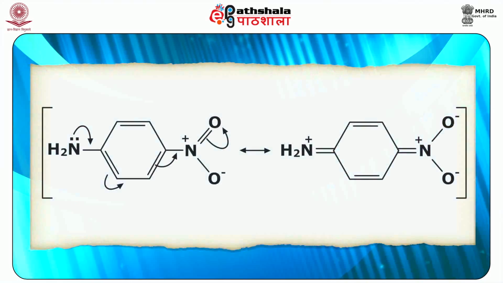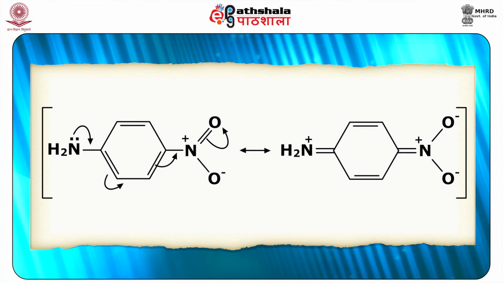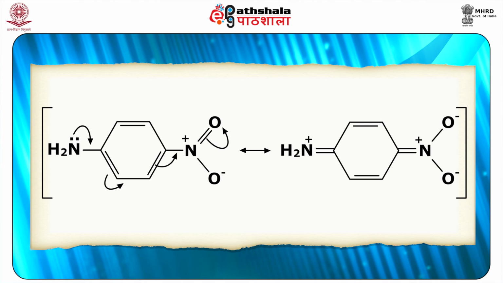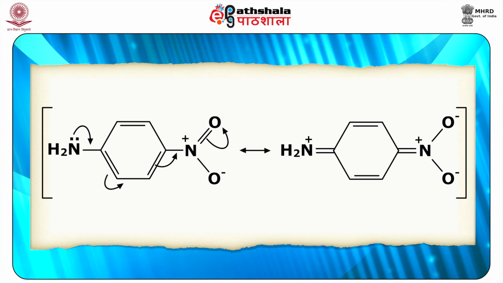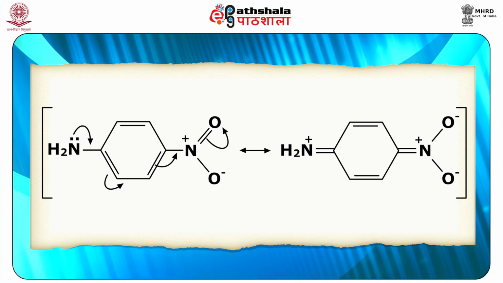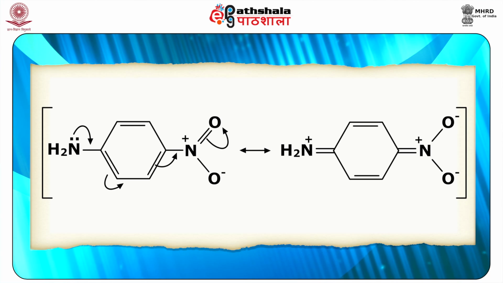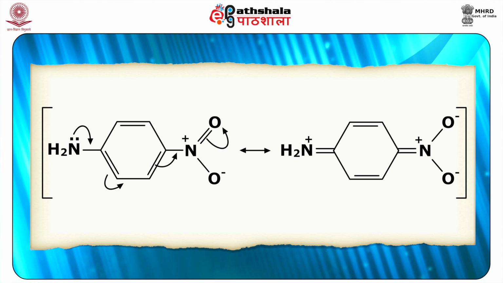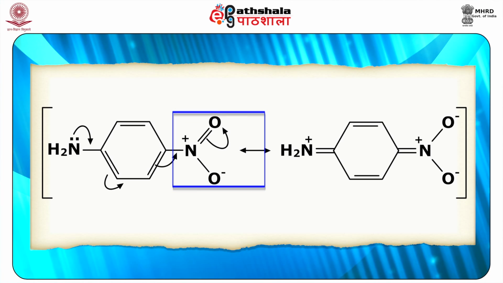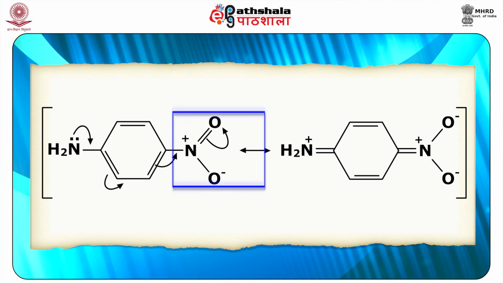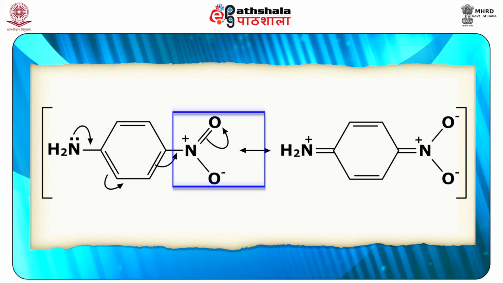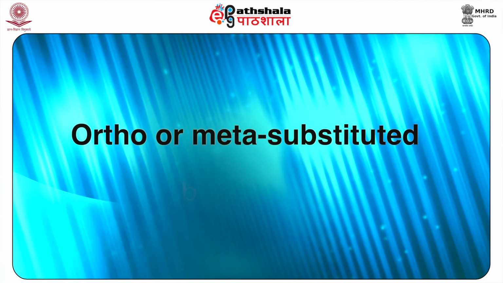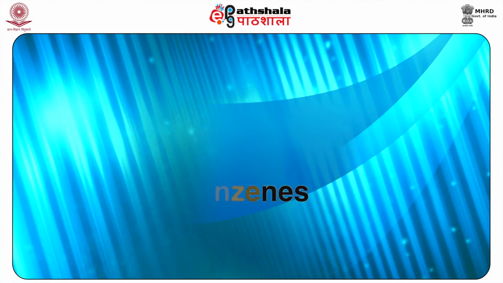For example, aniline shows a secondary absorption band at 285 nanometers, which is shifted to 367 nanometers with a significant increase in absorptivity in para-nitroaniline due to the presence of an electron withdrawing para-nitro substituent, as shown in the figure with the resonance structures in para-nitroaniline.